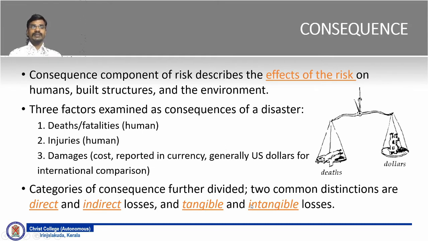The categories of consequence are further divided into two common distinctions: direct and indirect losses, and tangible and intangible losses. Let's consider each one and how it differs in different categories.